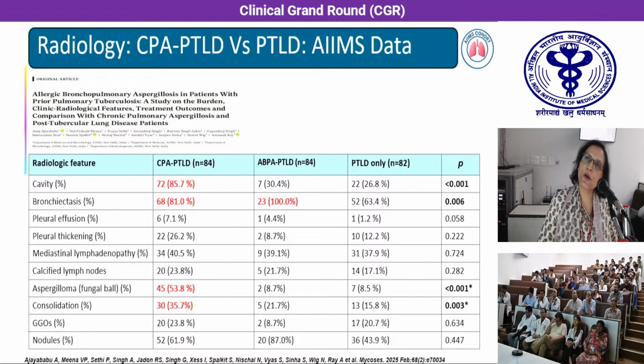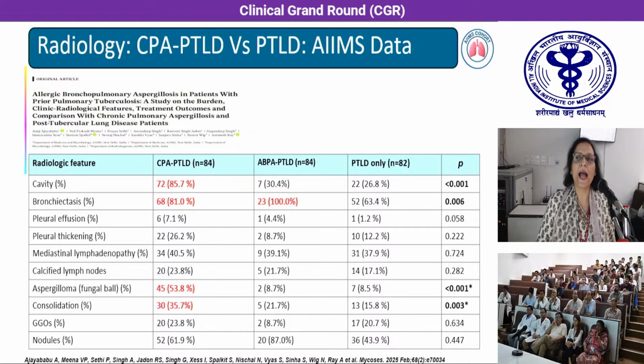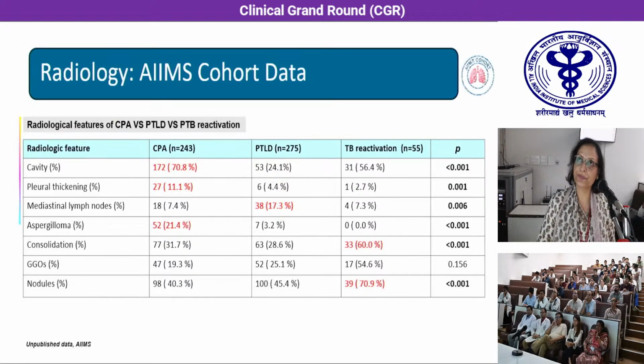These are results from the AIIMS data to distinguish CPA-PTLD versus just PTLD. Here again, the presence of cavity, bronchiectasis, aspergilloma, and associated consolidation were distinguishing features between these three entities.